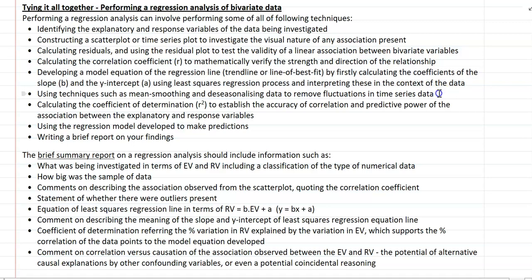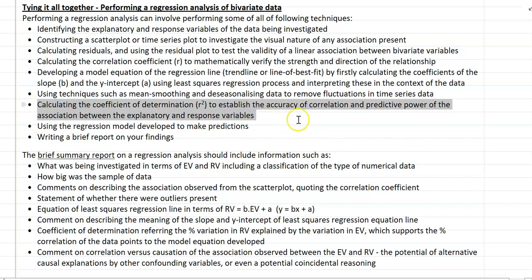If you have fluctuations within your raw data, you can demonstrate using techniques such as mean smoothing, or if you see seasonality in there, you can de-seasonalize your data to remove fluctuations.